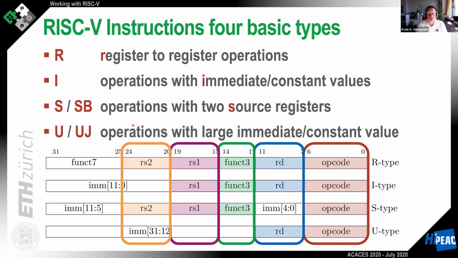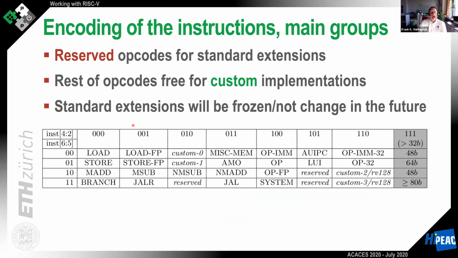And then you realize that the places where the registers are encoded are always at the same point. So this is the first source register, the second source register, and the destination register. This is the reason why RISC-V chose them to be at the same place, which makes hardware design for these things a little bit easier.